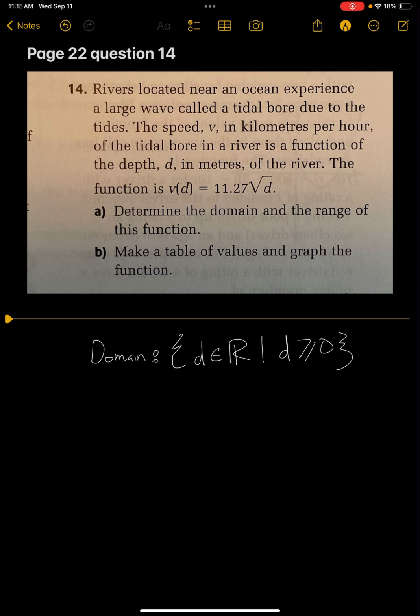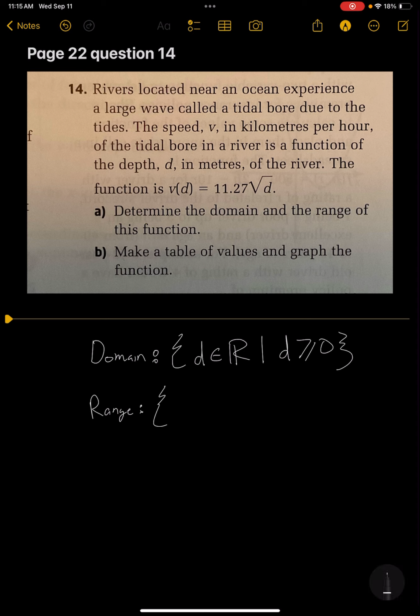And now the range. Can the range be negative? Yeah, because when you take a square root of something, it's positive or negative.